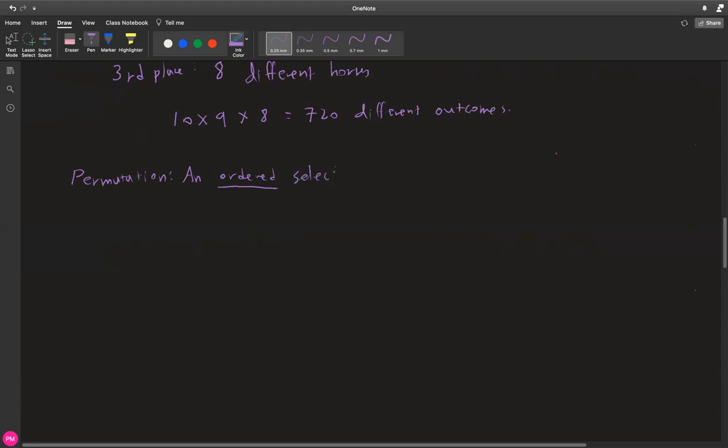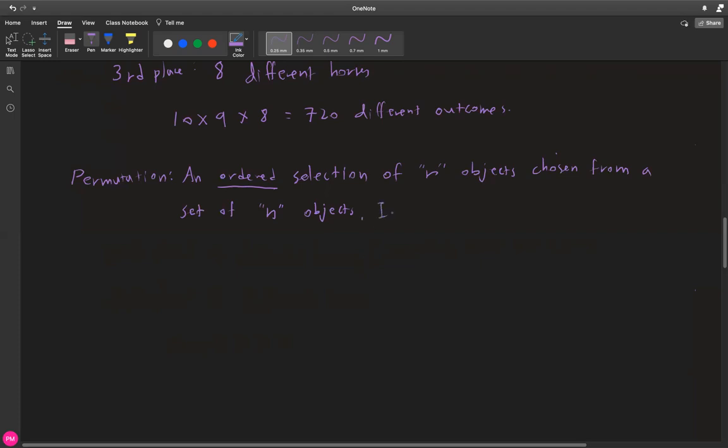Selection of R objects, where R is a number chosen from a set of N objects, N also being a number. And obviously here R is smaller than or equal to N.